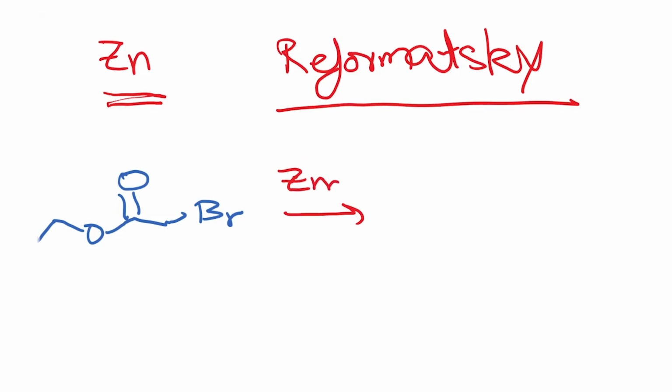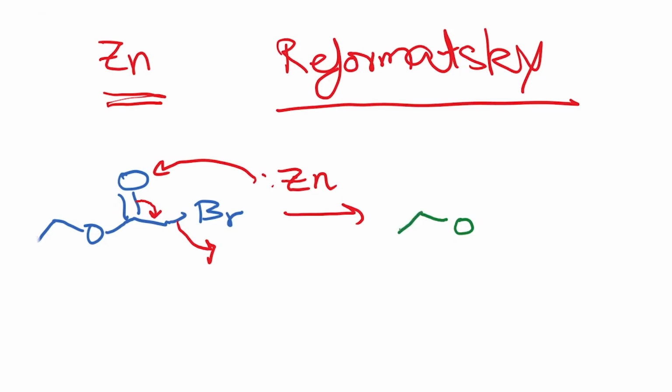Then you react this with zinc. Zinc, being a metal, is a source of electrons, and it can add a pair of electrons to the carbonyl. One way to consider this is that the pair of electrons from the carbonyl can move and kick out the bromide.